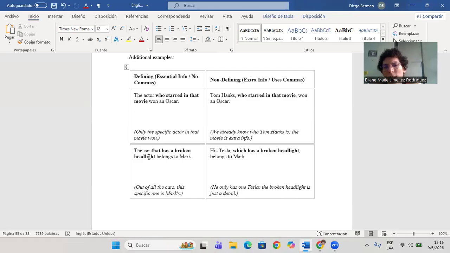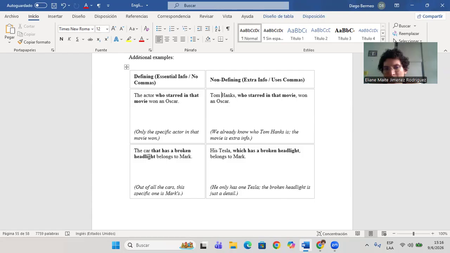His Tesla, which has a broken headlight, belongs to Mark. If it is between commas, we already know it's non-defining. So we can say his Tesla belongs to Mark, and it would be totally right and make sense because he only has one Tesla.